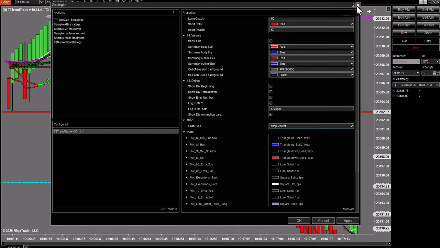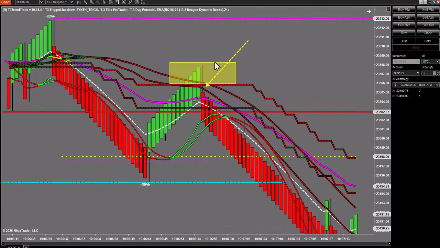But the stop market, I think, is going to be very interesting because, again, when the strategy paints a zone, it's going to paint the zone from the top of the large triggers to the bottom of the synthetic triggers, or vice versa, depending on who's on top or who's on first.